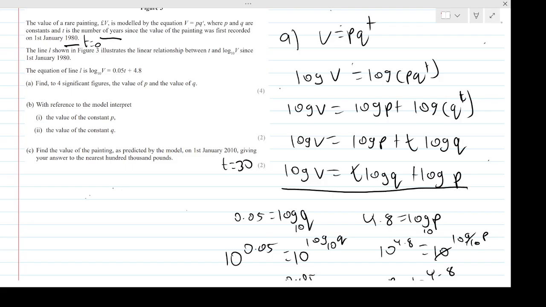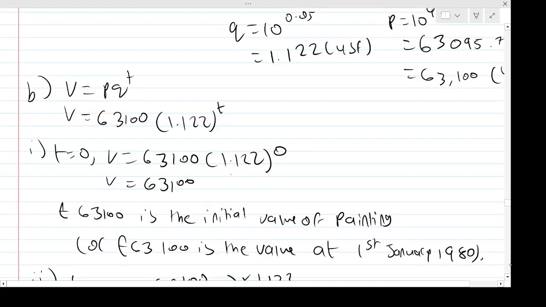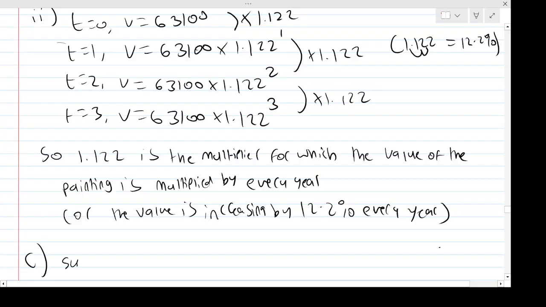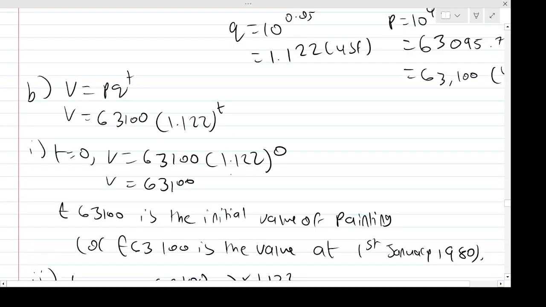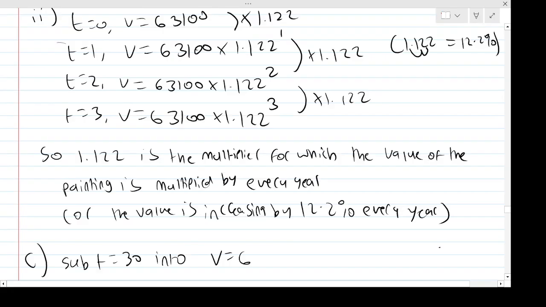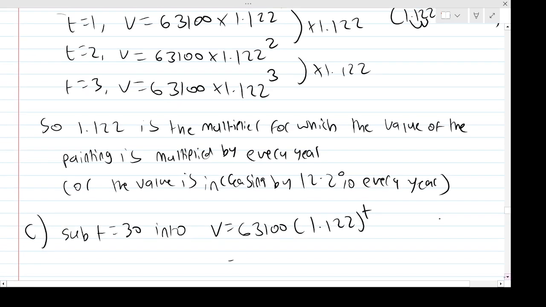That's what I'm going to substitute in to get that value at that year. So I'm going to sub t is 30 into my model, my equation. Here, V is 63,100 of 1.122 to the t. So then when t is 30, that will be 63,100 of 1.122 to the 30.